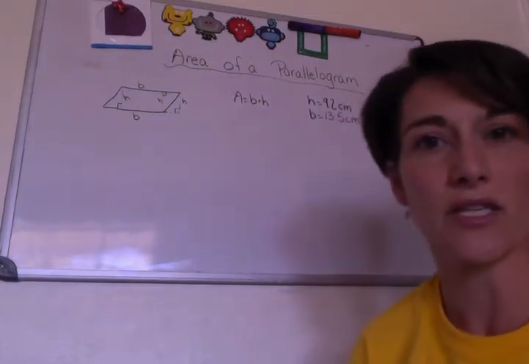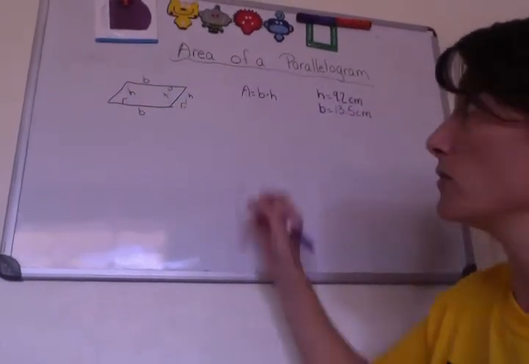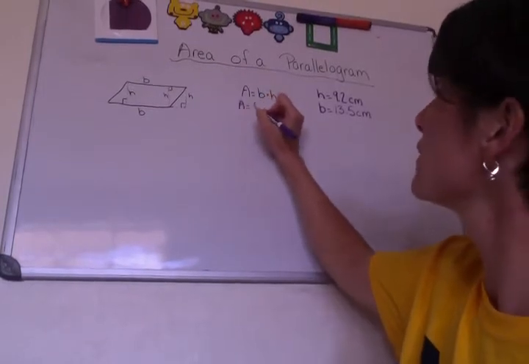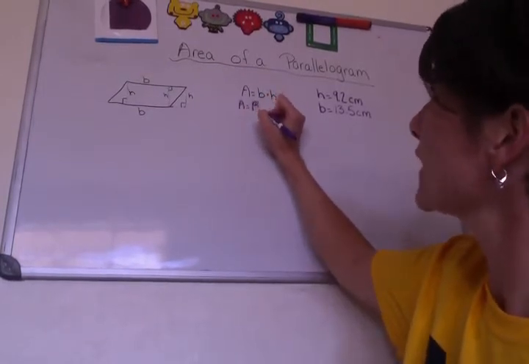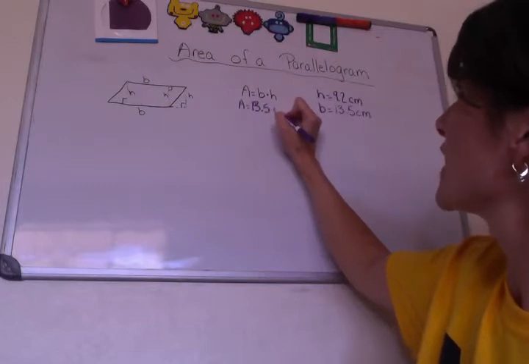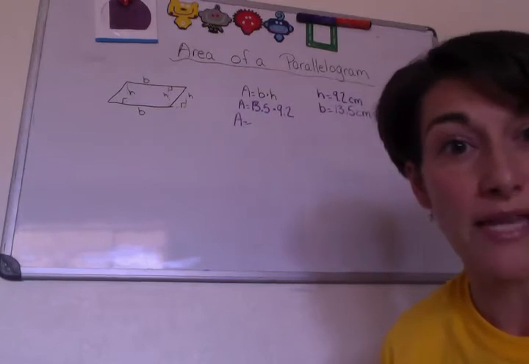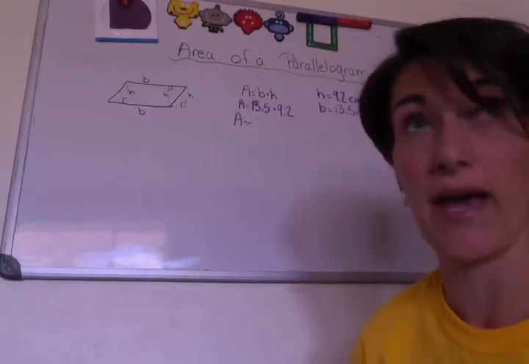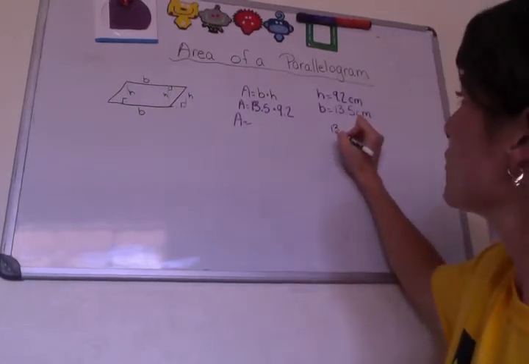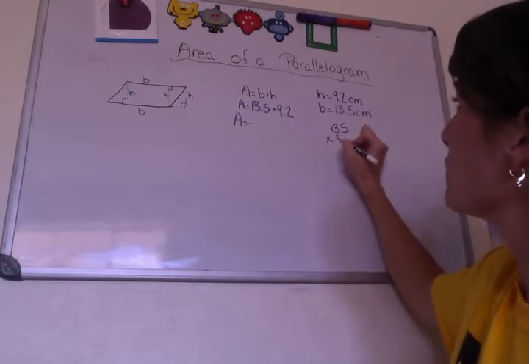In order to solve this problem, we're just going to plug it into the formula. So my base is 13.5 times 9.2. This is one of those math problems that I can't solve in my head, so I actually have to do the math. So we have 13.5 times 9.2.